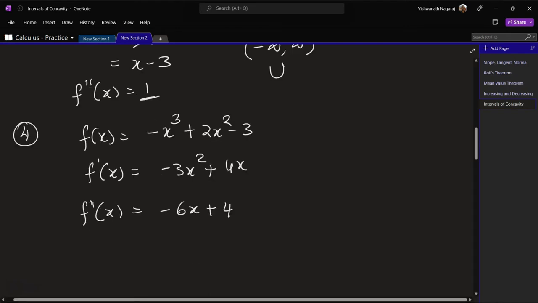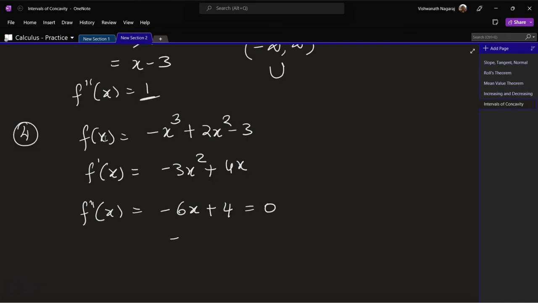Okay, now let's equate this to 0. What do we get? We get 6x equal to 4, x equal to 4 by 6, that is 2 by 3. That means the intervals are going to be minus infinity to 2 by 3 and from 2 by 3 to infinity.